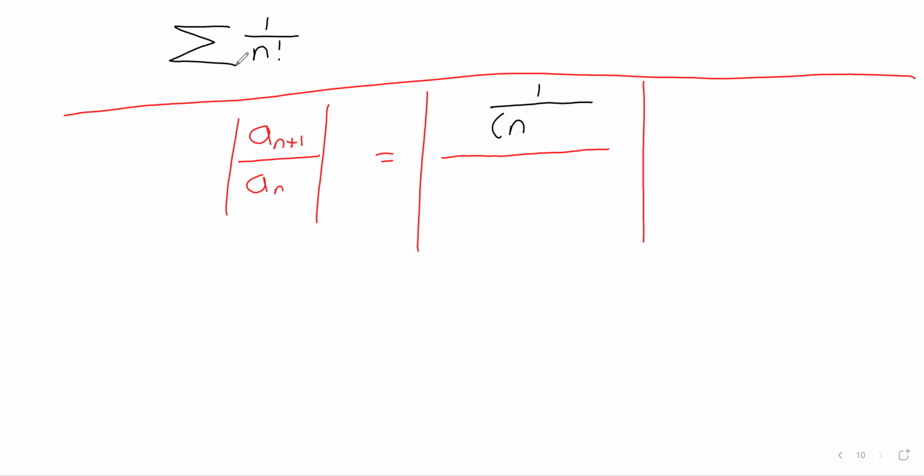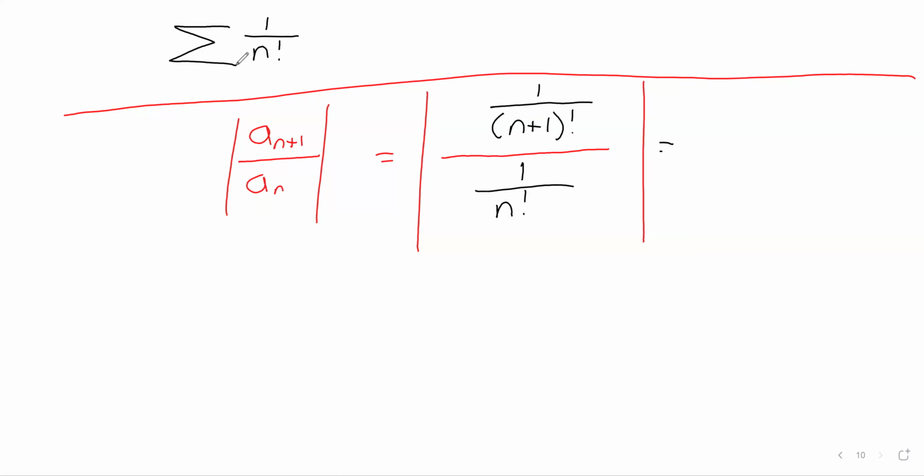1 over n plus 1 factorial, over 1 over n factorial. And because 99 times out of 100, the series we're looking at are fractions, when you use the ratio test, it's very typical. You get something like this. You get an improper fraction. You get a fraction of fractions.